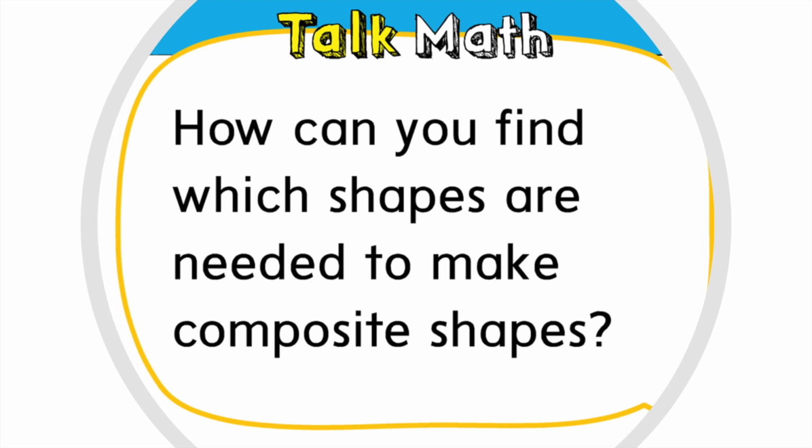Now, how can you find which shapes are needed to make composite shapes? Yes, we can break them apart to find the shapes that were used to make the new shape.